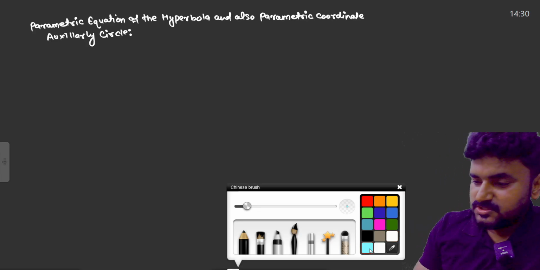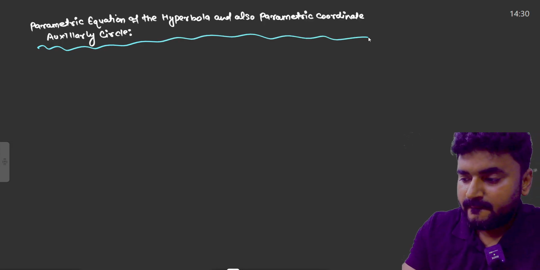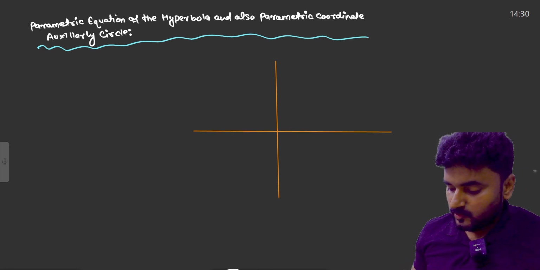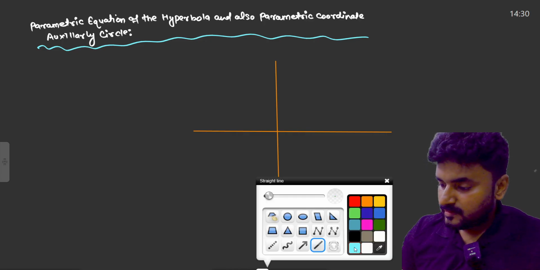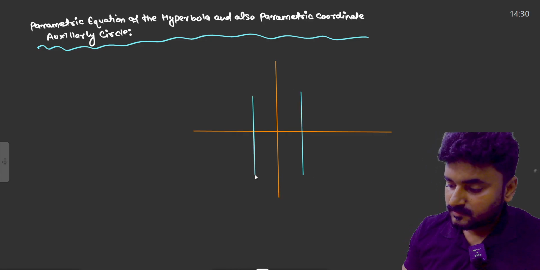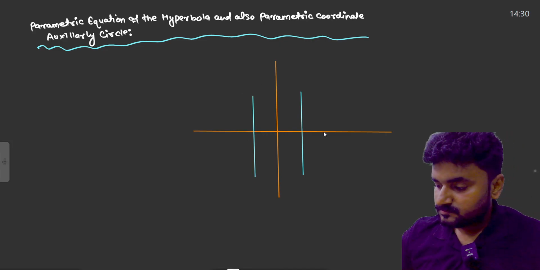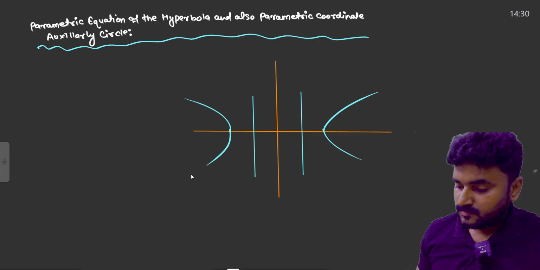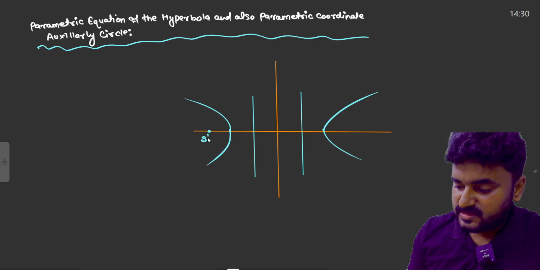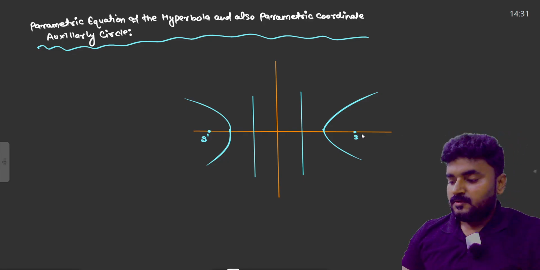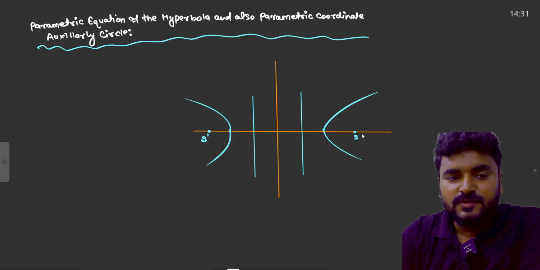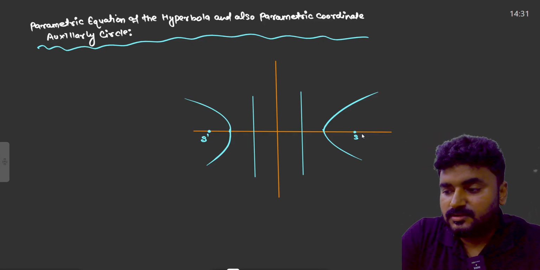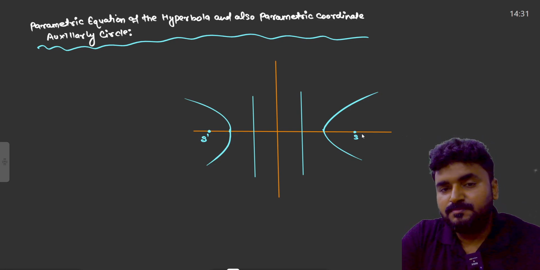So just watch, students, this is any hyperbola, and I have taken its two foci S dash and S. I want to find its auxiliary circle, and the parametric equation and parametric coordinate.